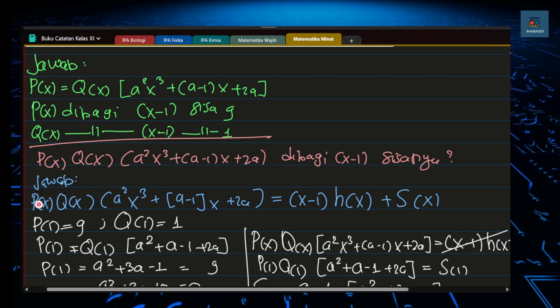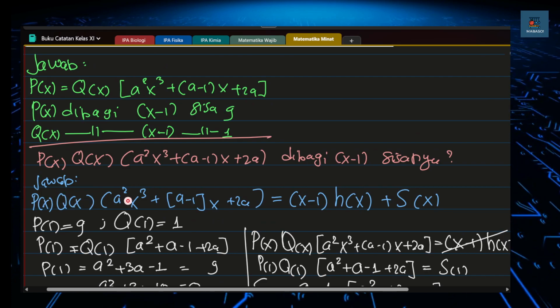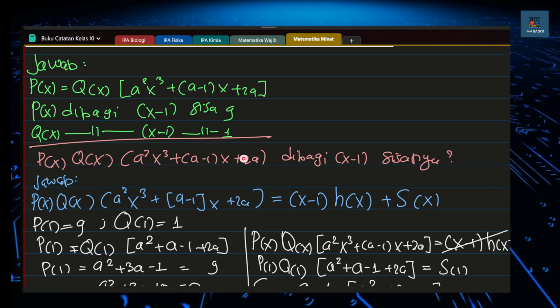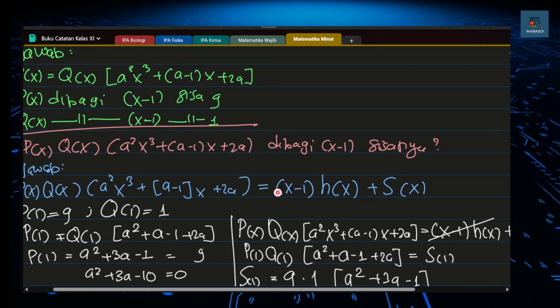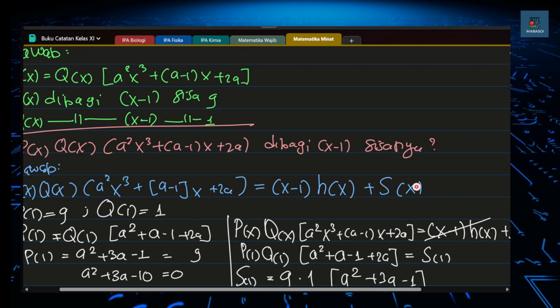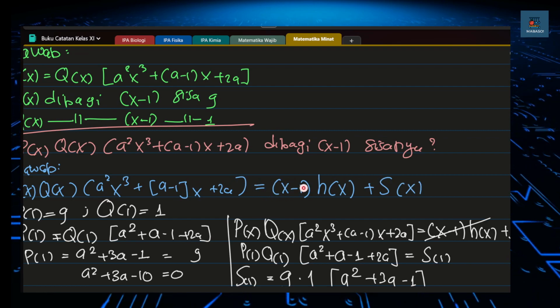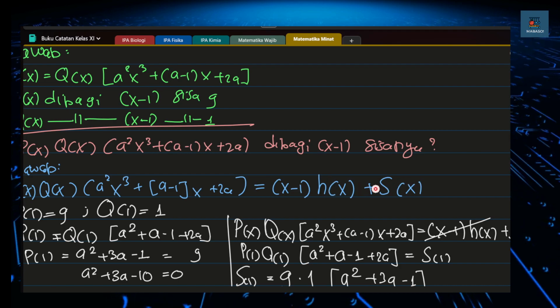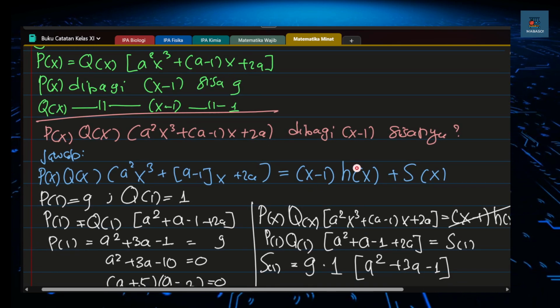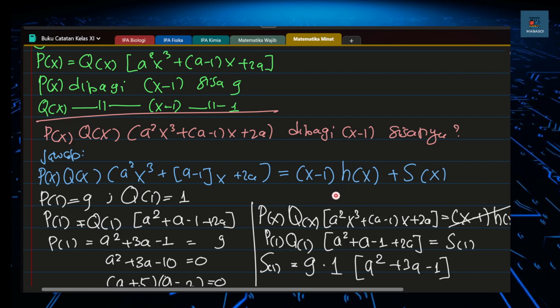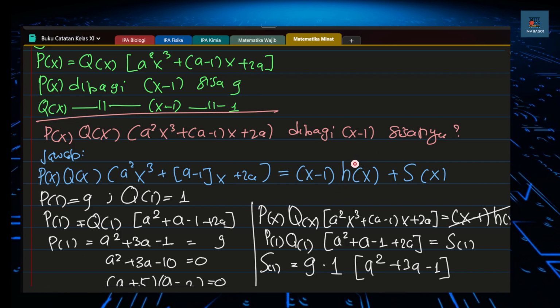We know that we could express this polynomial as per the question using this formula, which is the divisor times the quotient plus the remainder. We don't know what the quotient is. We don't really care, actually, because this term would be equal to 0 at the end.